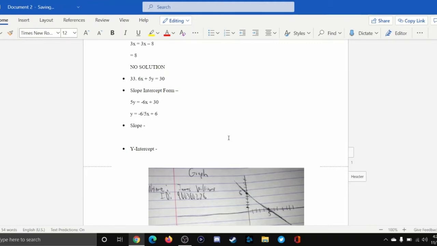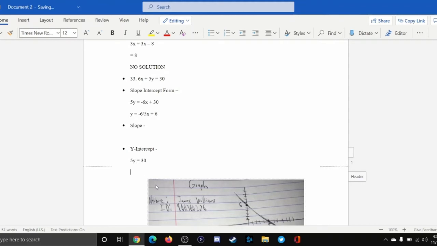That's the slope-intercept form. Now to find the y-intercept, we take the original problem and make x 0. So we multiply 6 by 0, and that will equal 5y equals 30.